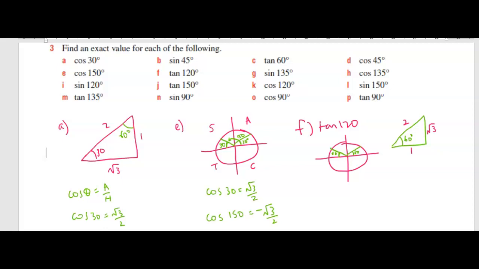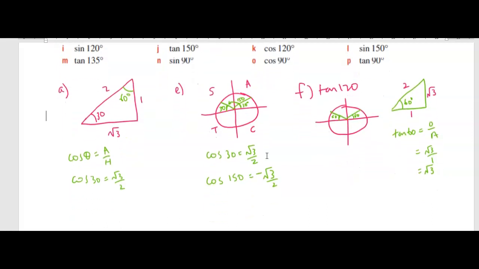All right, so let's just quickly do tan of 60. So tan 60, opposite over adjacent. So your opposite side is root 3 over your adjacent, which is 1, so it's just root 3. Now, in your second quadrant, so tan 120 is also equal to root 3, but because tan is negative in your second quadrant, you're going to have negative root 3.